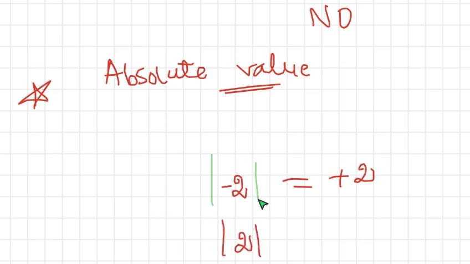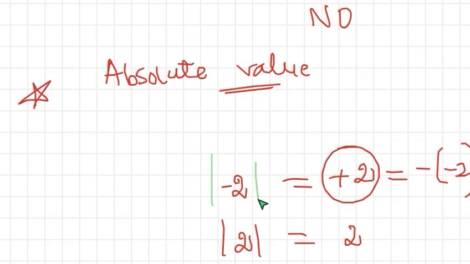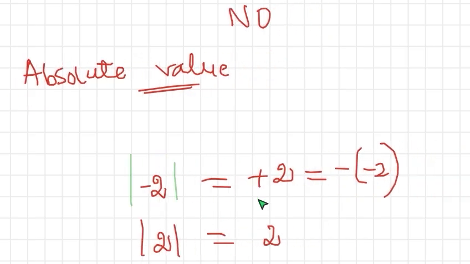If it was just positive 2, it will be 2. This positive 2, can I write as negative of negative 2? Do you understand how I have written this?